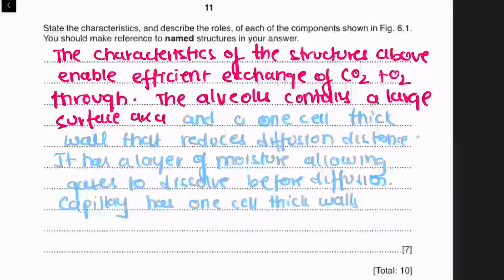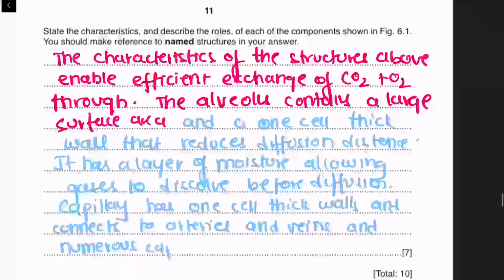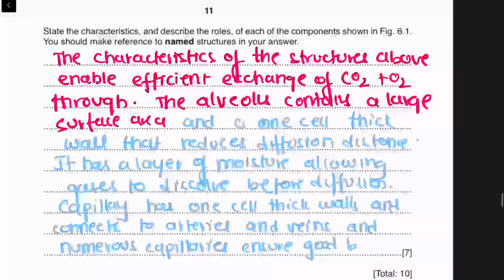Once again, it reduces diffusion distance and connects to arteries and veins, and there are numerous capillaries. Because there are many capillaries, there is a good blood supply. Ensure good blood supply and flow.